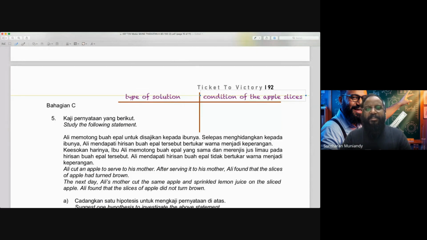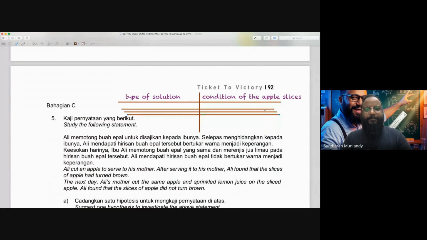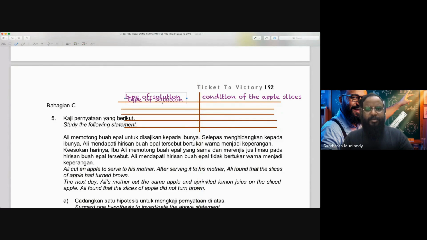So under the type of solution, we begin with sugar solution, and then I have salt solution, and then I have sodium bicarbonate solution, and then I have lime juice.